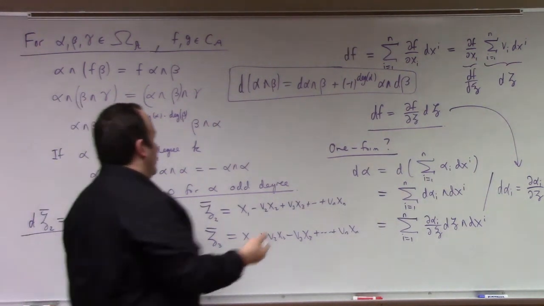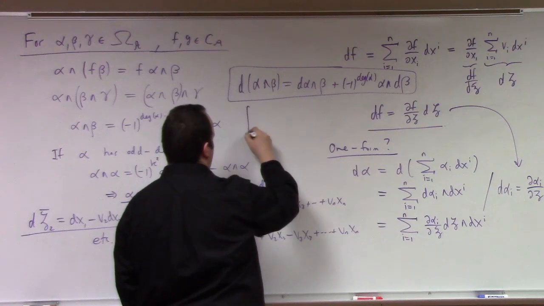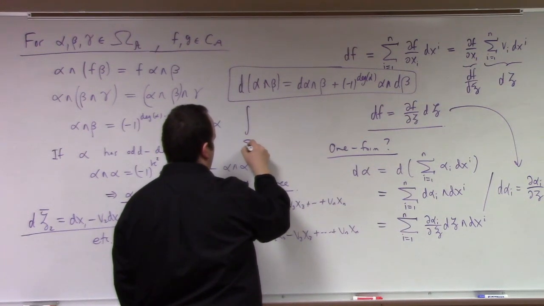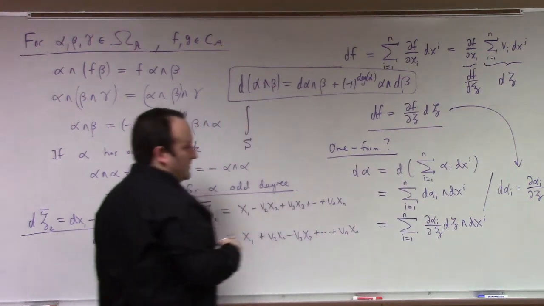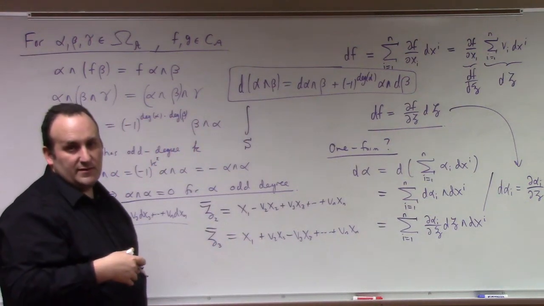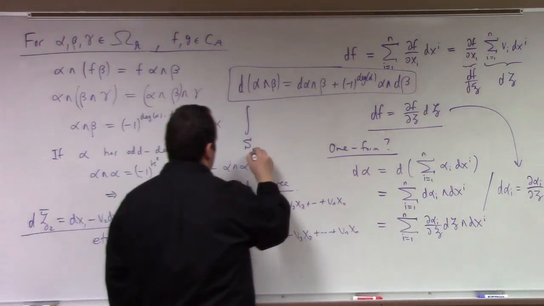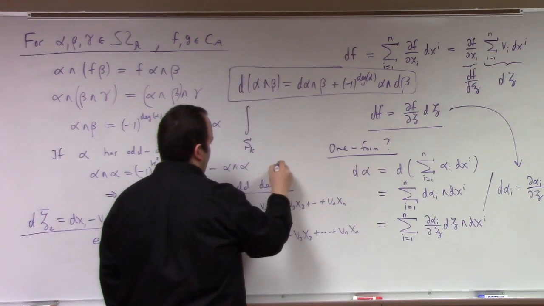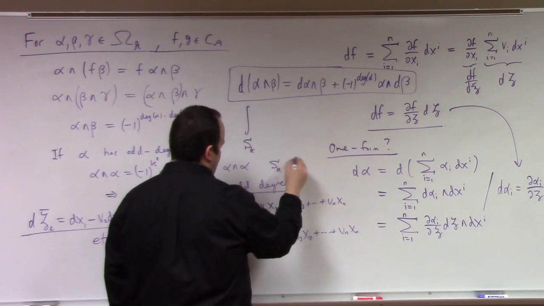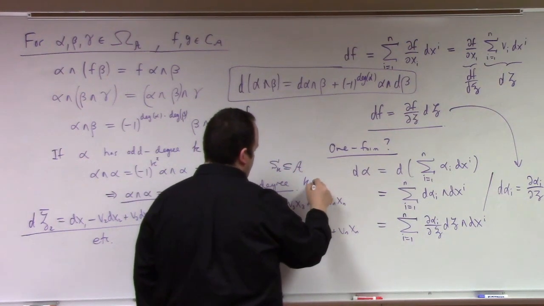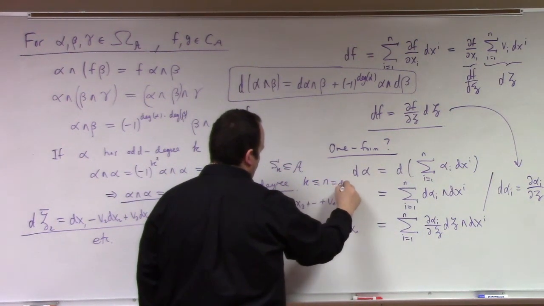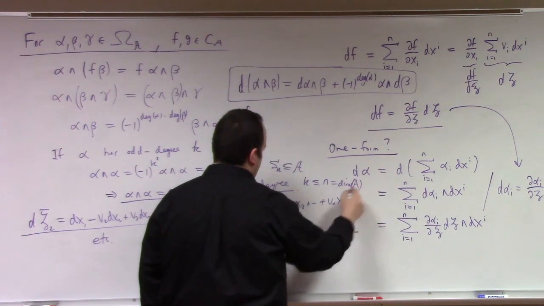And then the thing that we're most interested in, of course, is if we were to look at a surface, or let's say a submanifold of the algebra, and suppose this was a k-manifold. So here S_k is some sort of k-dimensional surface inside the algebra, obviously k less than or equal to n. Then what can we do?